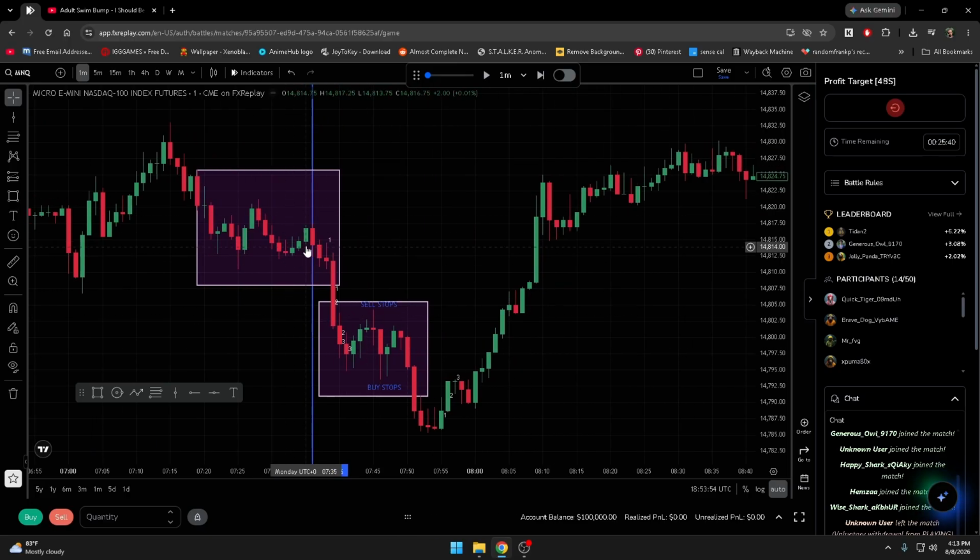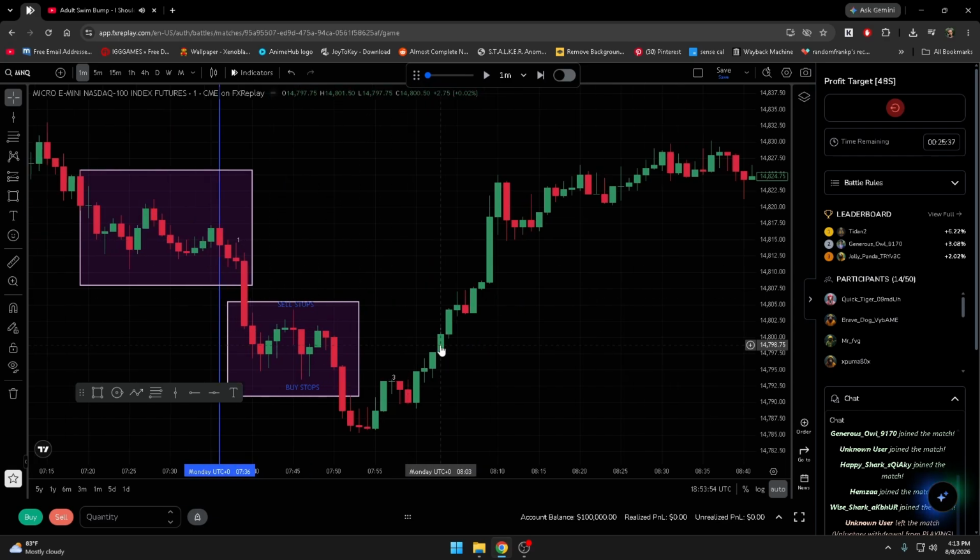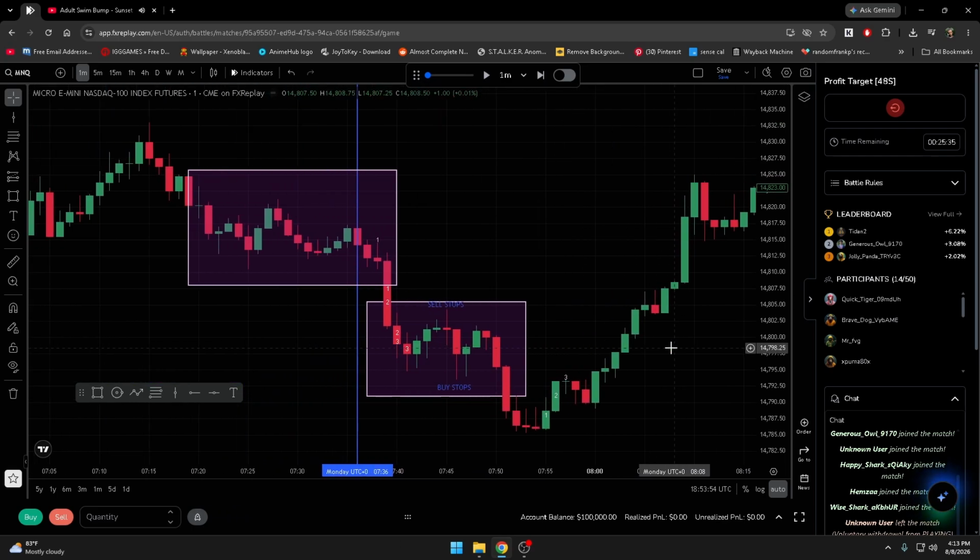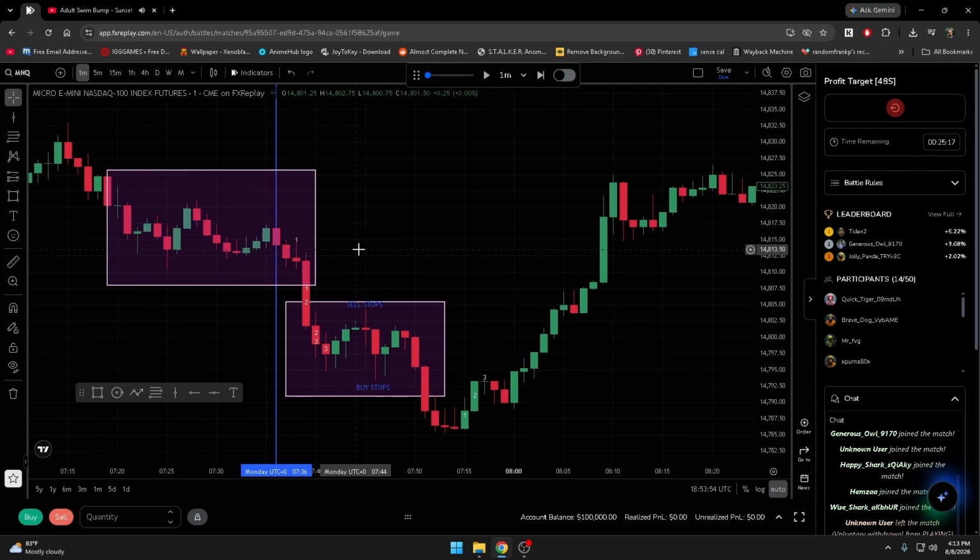So boom, it's coming from this zone to this zone. From right here, where could I entry? I see a fair value gap right here, right? Okay, so this first candle. No, this is the first candle. Second candle, third candle. First candle, second candle, third candle, right?